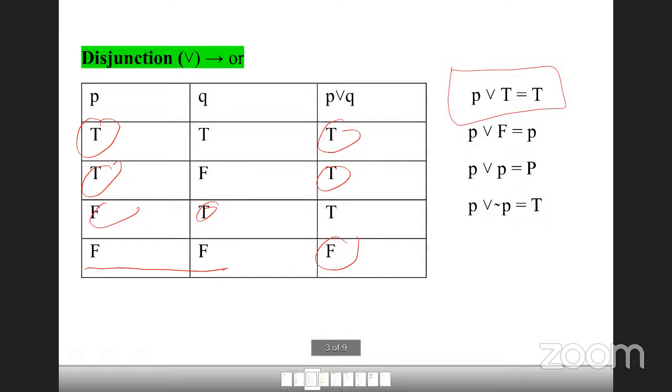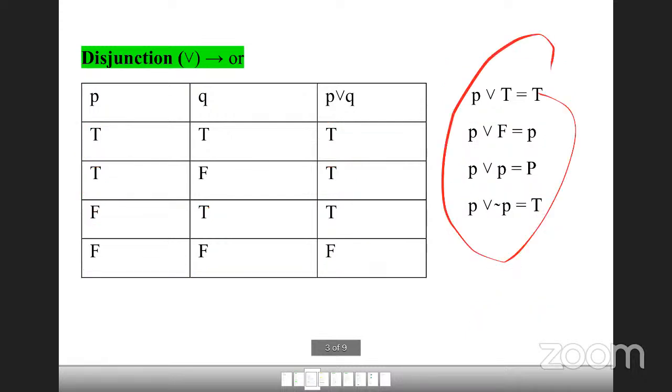That's further summaries. So based on what P is, that will tell you what the answer is. See this here? If P is true, then true or true gives you true. So it means that whatever P is, that's the answer. False or false gives you false. All these are rules you have to learn in algebra. But it's showing you where they came from. Sometimes it's easier to remember this than all the rules.